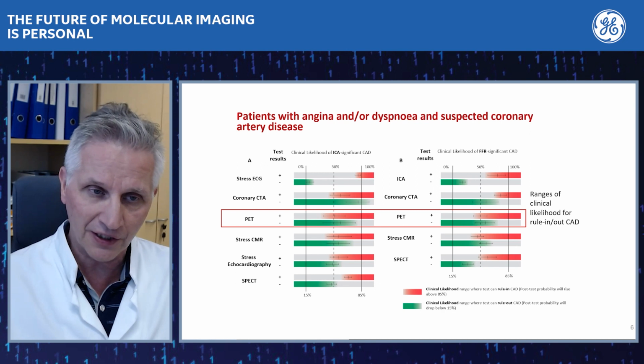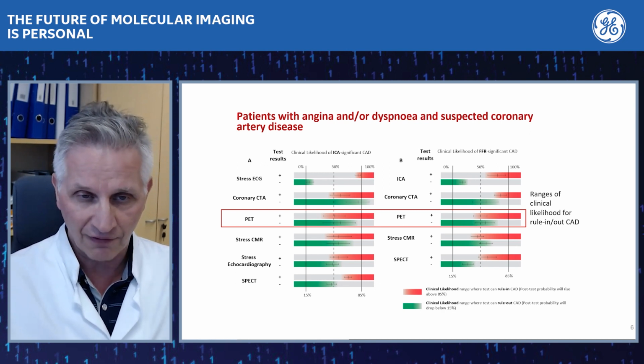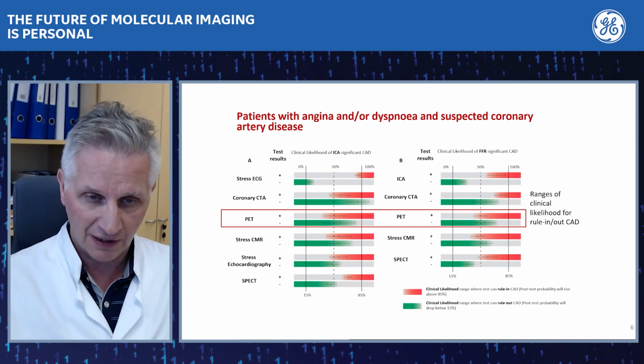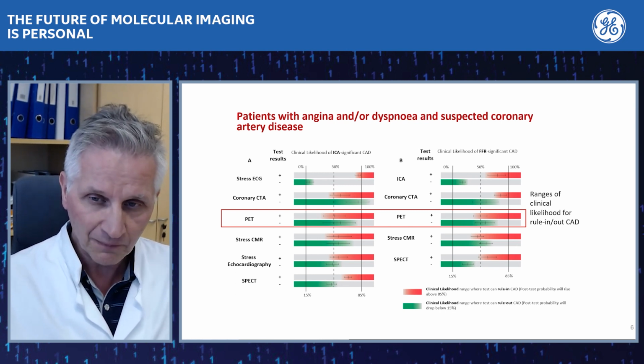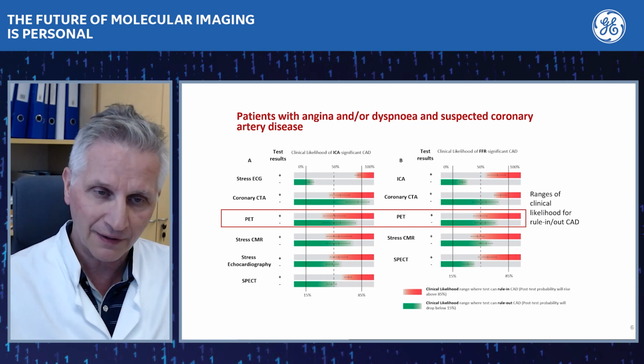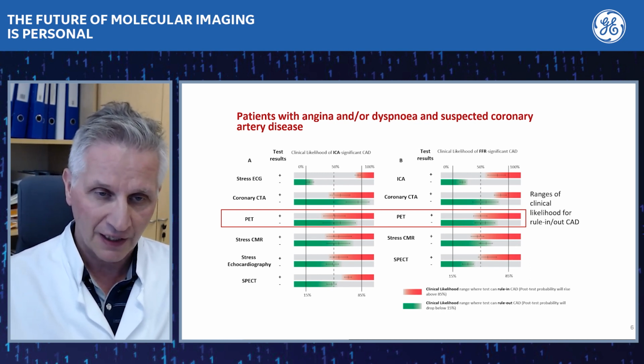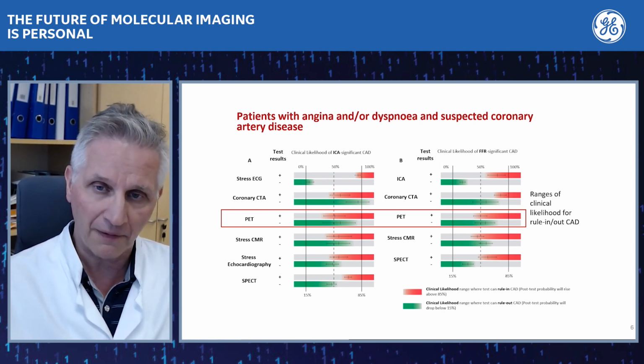So the longer the green and red bars are, and the more they overlap, the better the test is. And if you look at the PET part of it, you will see that PET is the best test out of those compared.